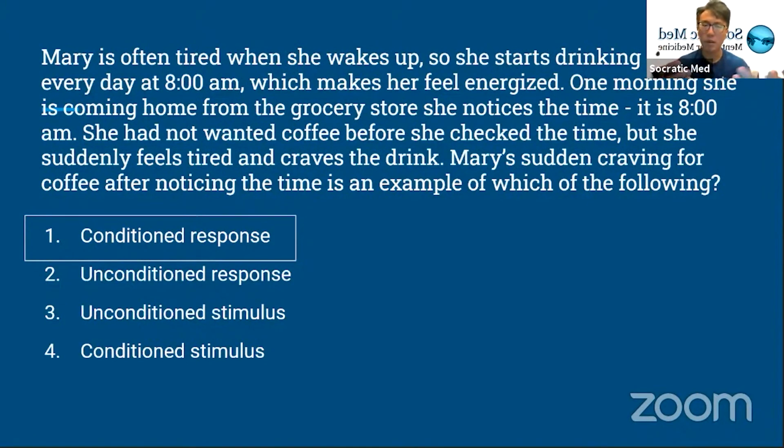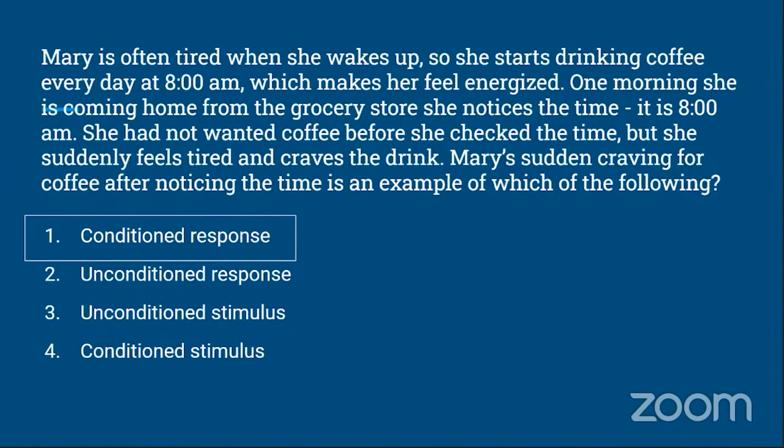But because Mary drinks coffee every day at 8 a.m., she learns to associate 8 a.m. with wanting coffee. An example of addiction would be if you normally drink, but you also eat chips while you drink. If you do that every day, after a while if you just eat chips, you're going to want to drink because you're associating having chips with drinking.